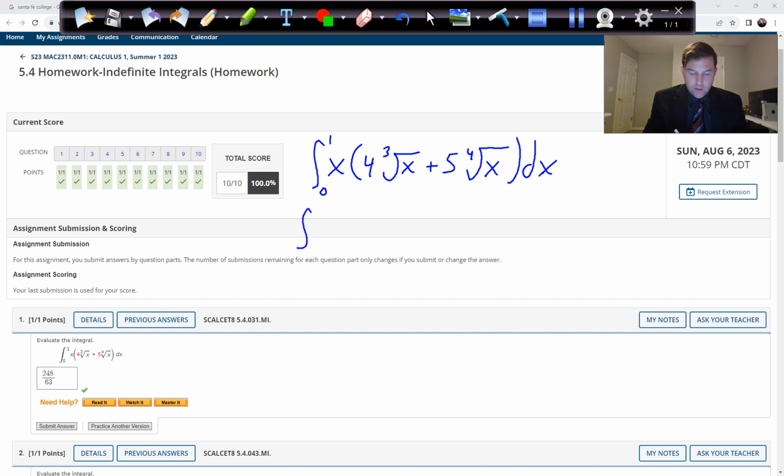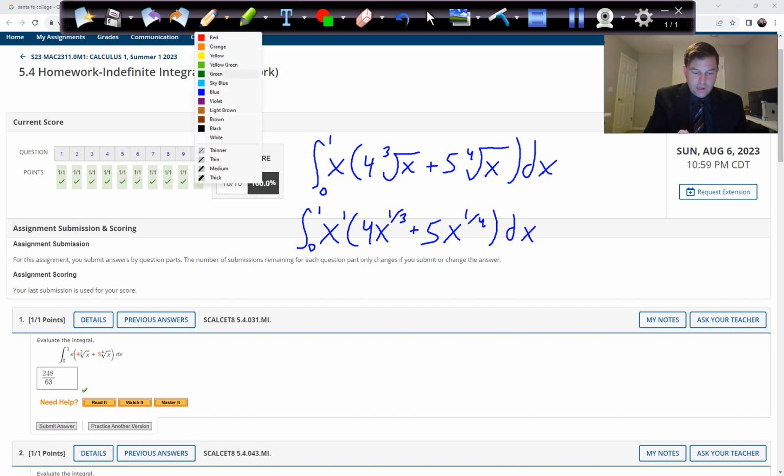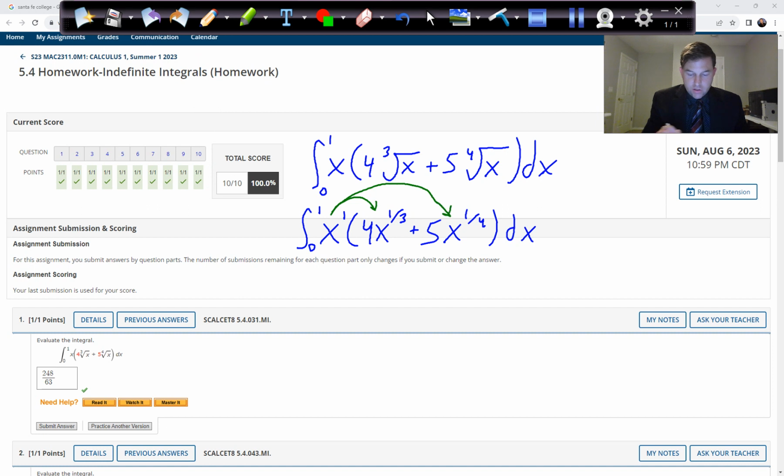Well, the first thing we're going to realize is that x is the same as x to the first power, the cube root of x is x to the 1/3 power, and the fourth root of x is x to the 1/4 power. That allows us to more easily distribute this x into these terms. When you have the same base raised to different powers and you're multiplying them, you add the powers.